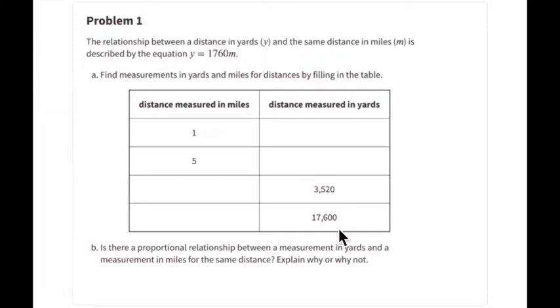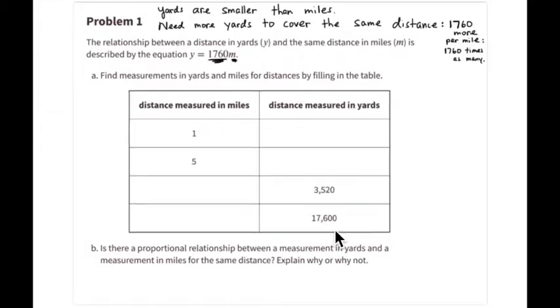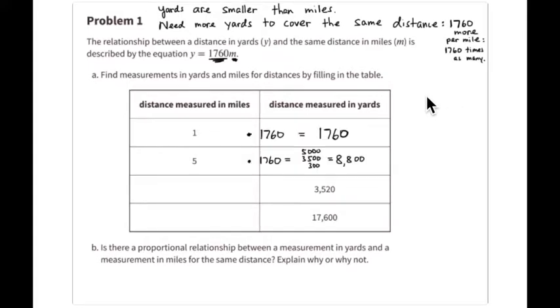Likewise, it's the same for 17,600. Remember that yards are smaller than miles. You need many more yards to cover the same distance. You need 1,760 yards per mile, or 1,760 times as many yards as miles.